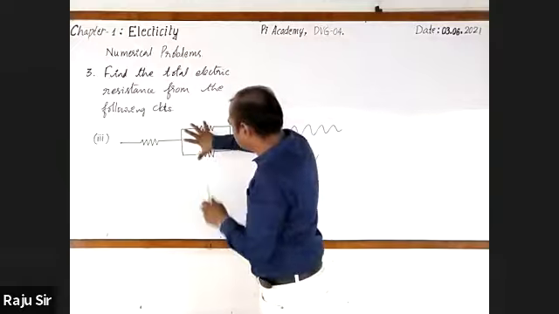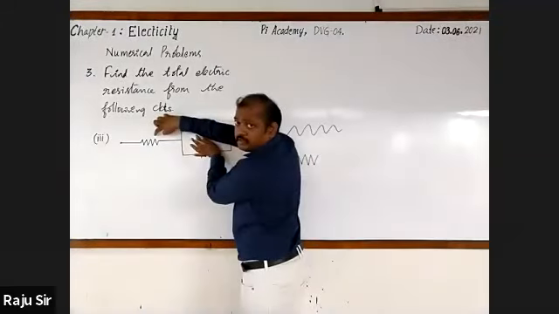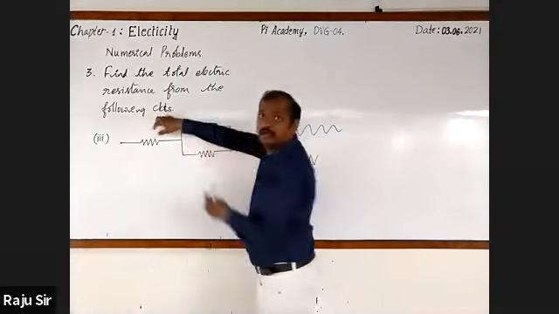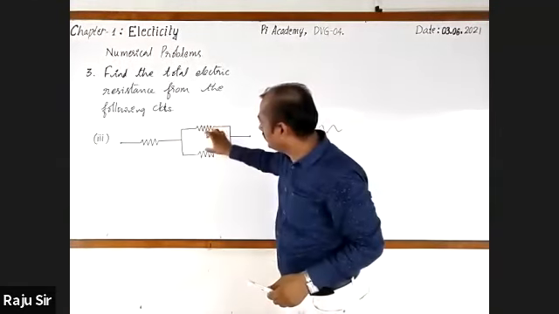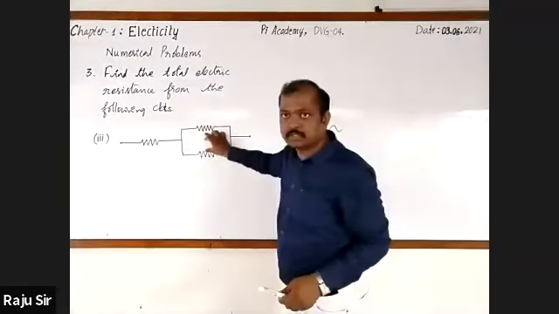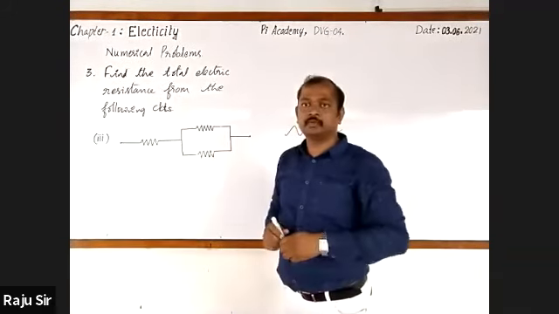And this combination, this effective resistance, is connected with the first resistor in series. Hence, first you have to find the effective resistance of these two resistors, then take the whole circuit.